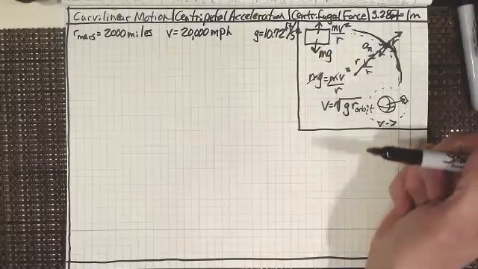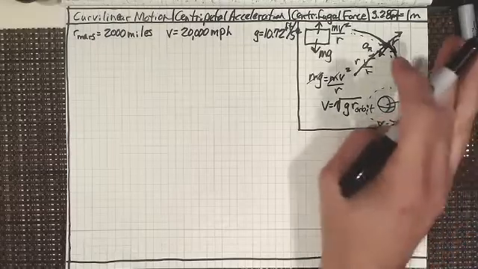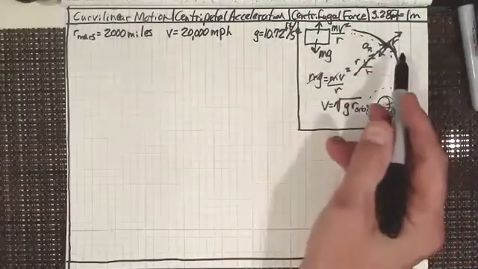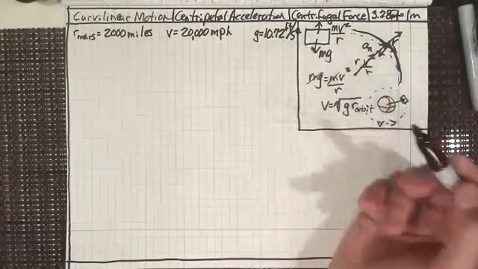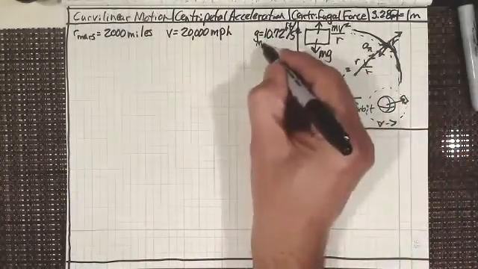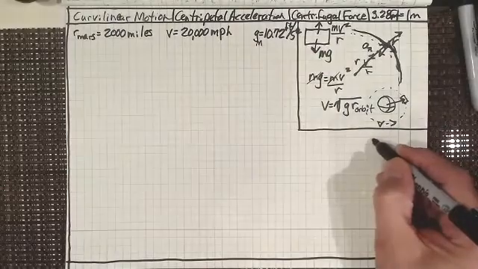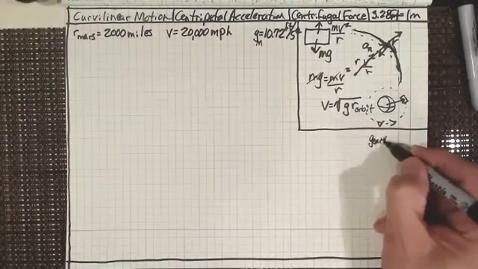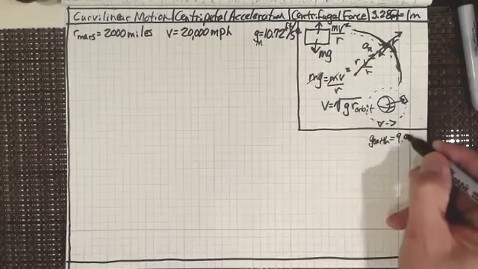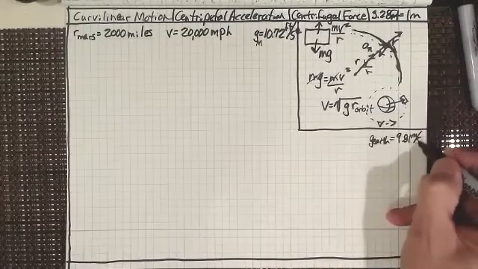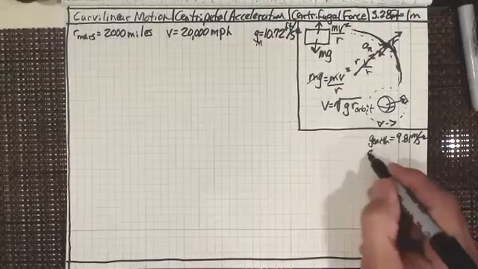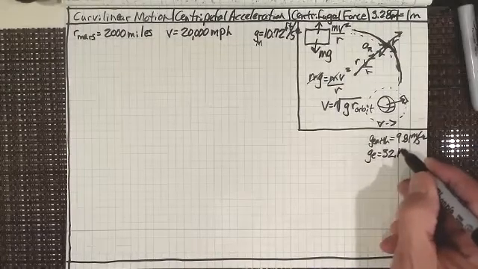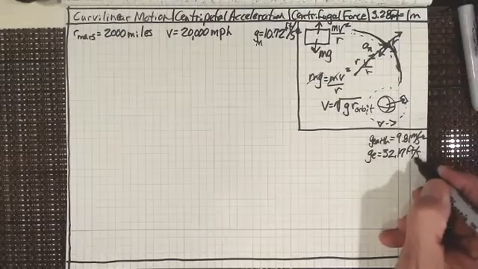And in low Mars orbit, anything up to a couple thousand miles away, you could say that that's still going to be Mars's gravitational constant. And we know that the Earth's gravitational constant is 9.81 meters per second squared, or 32.17 feet per second squared.